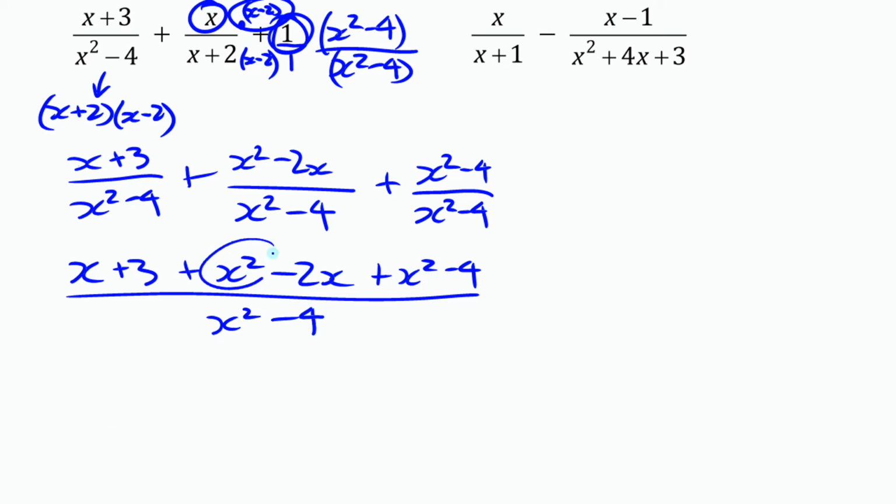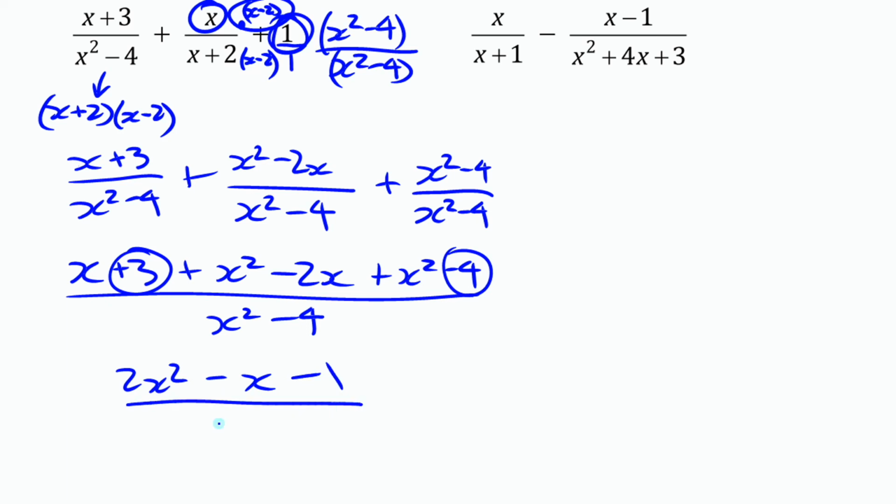Putting that together, I have x squared plus x squared, so I have 2x squared. And I have x minus 2x, which is actually minus x. And then I also have plus 3 minus 4, so it's actually minus 1 over x squared minus 4. You could try and factor this if you want to.